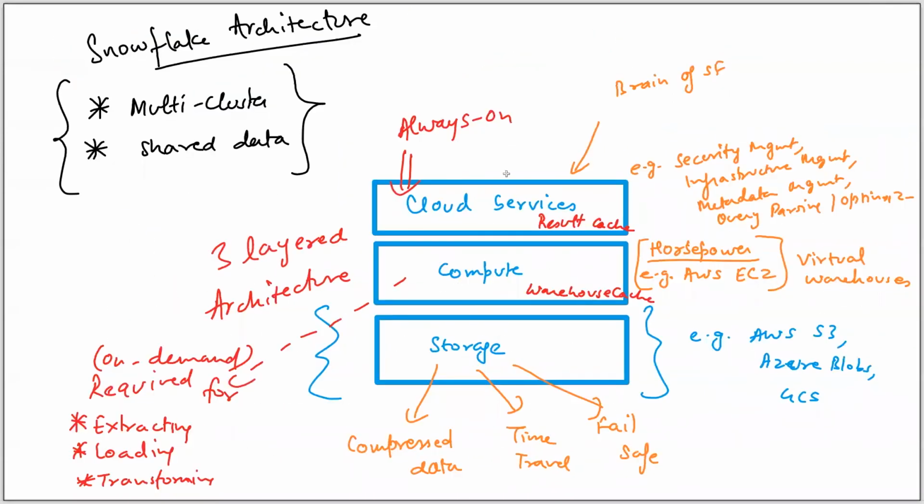So if you are able to do zero copy cloning, data sharing, metadata related caching, then it is very useful, and it will save a lot of time, because other technologies, they take long time to clone one database to another database. But here since it is just metadata copy, that's why it is so fast.